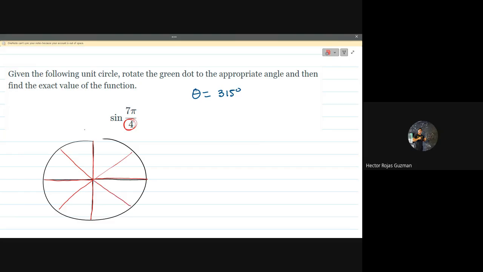So we should have 4 pieces on top, and 4 pieces on the bottom. And if you did that correctly, you can just literally count now. 1 pi over 4, 2 pi over 4, 3 pi over 4, 4 pi over 4, 5, 6, 7 pi over 4. That's where it lands. And that's also where 315 degrees is located.